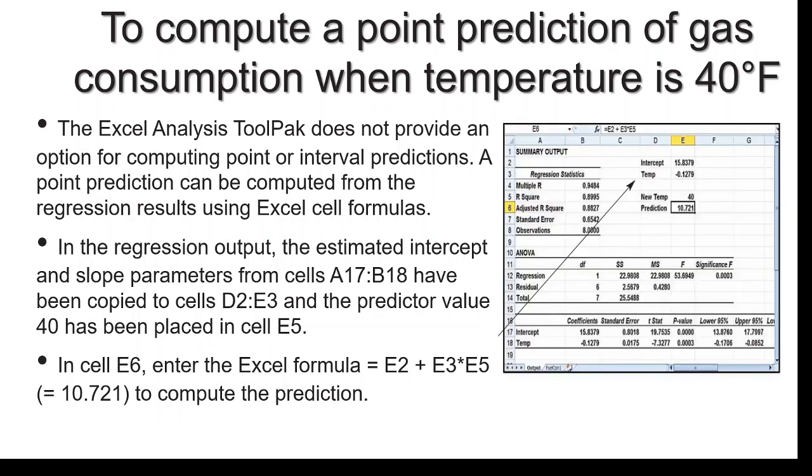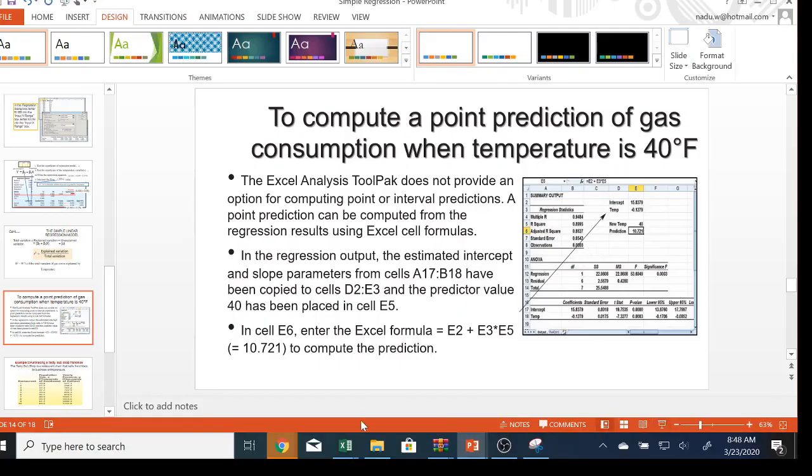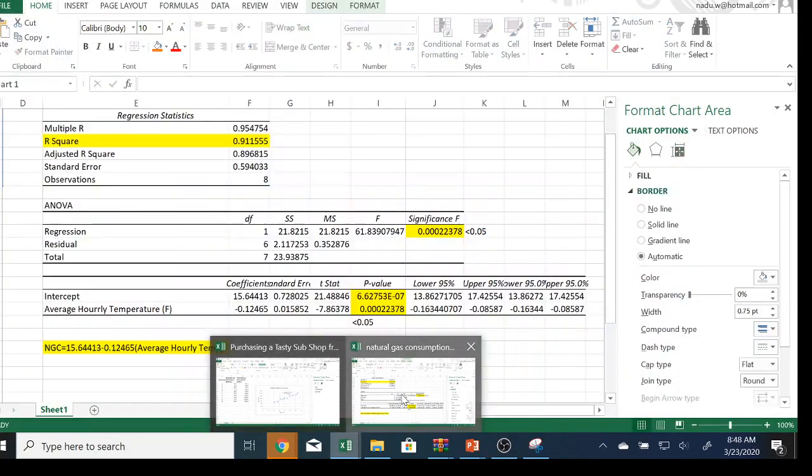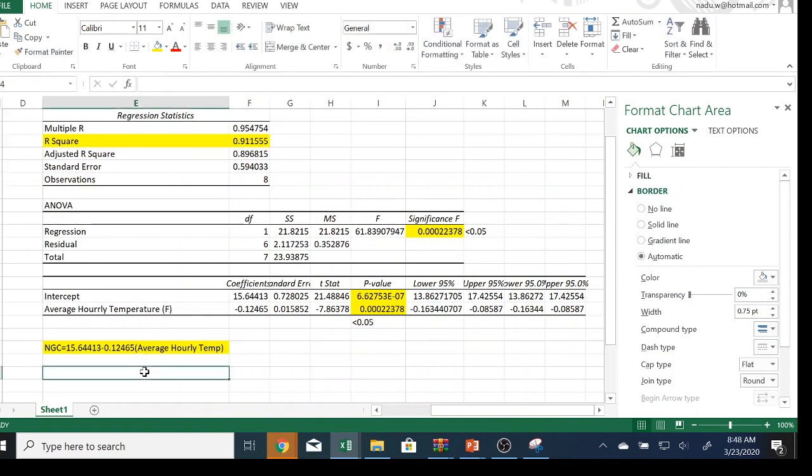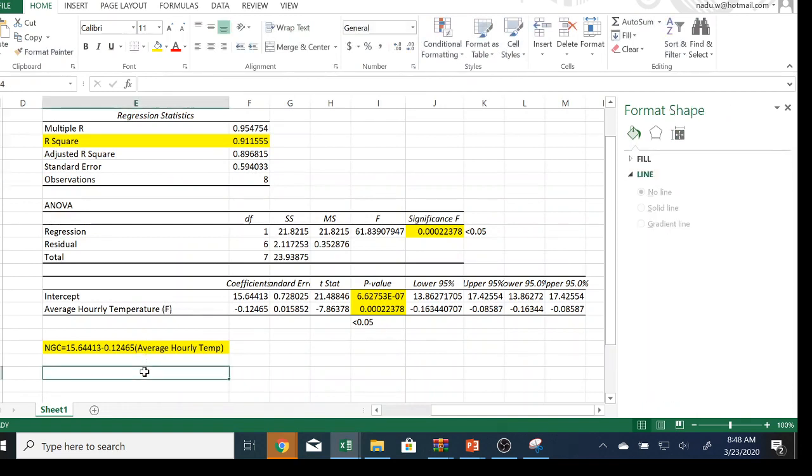So if I want to predict what would be the gas consumption when the average hourly temperature is 40, this is how I can do it. There is no such option, so what you can do is put the intercept value here. What is the intercept?